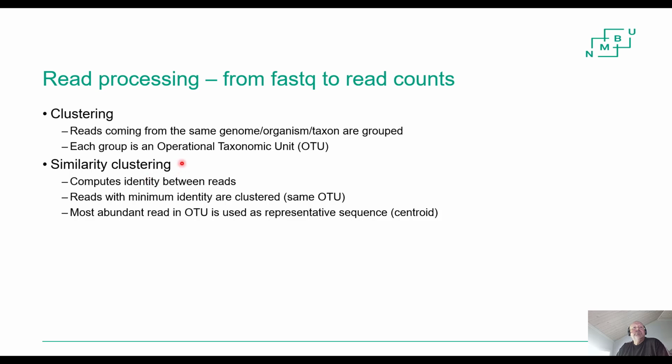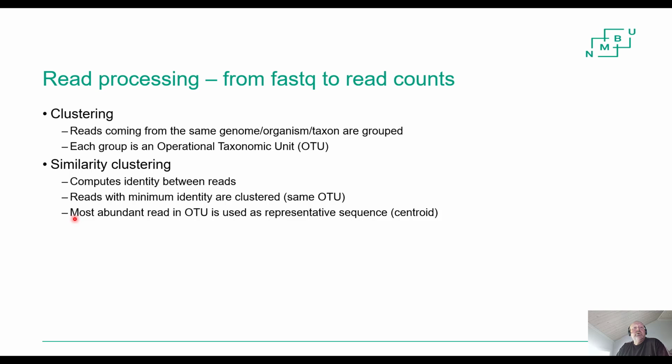And there are two very distinct approaches to this clustering. One we can call similarity clustering, which is historically the first way of approaching this. It computes identity between reads, I mean, similarity as in how identical the reads are. And reads with a minimum identity are clustered. So if they are similar enough, they belong to the same group or OTU, right?